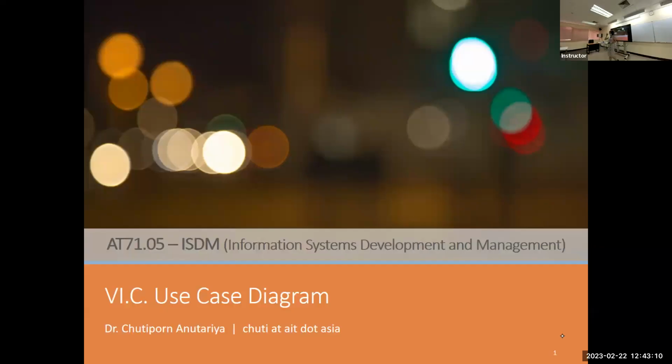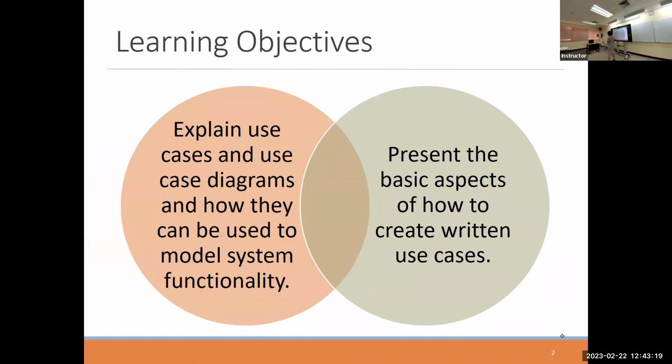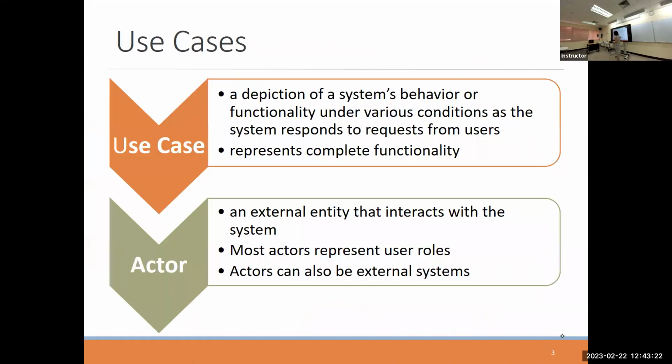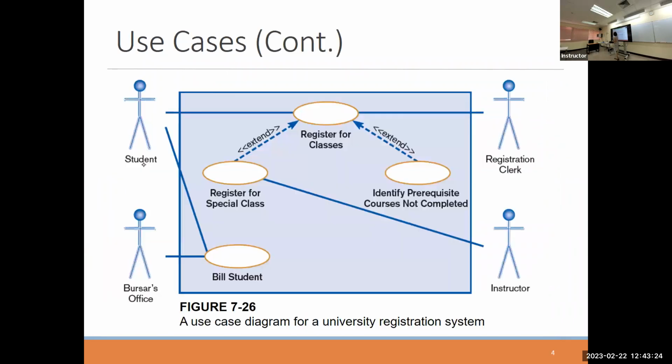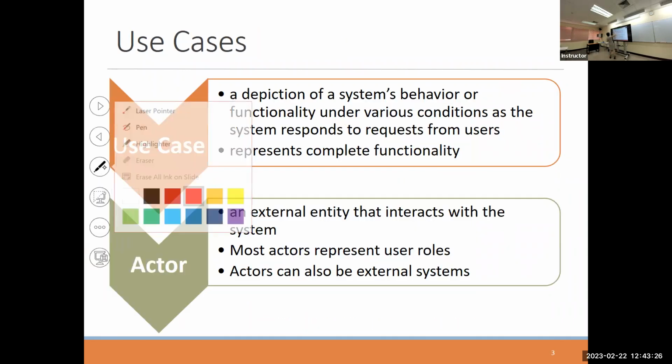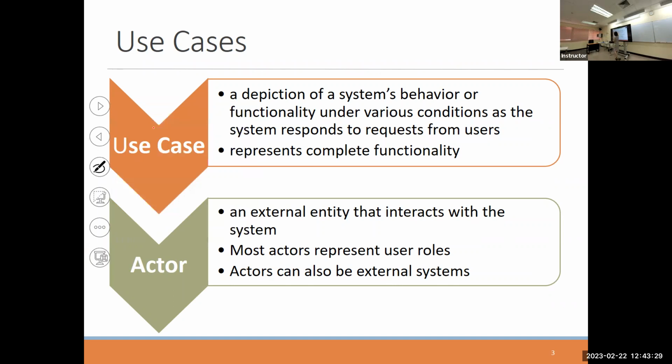So this is the last set of slides focusing on use case diagrams. Okay, still related to what we discussed, right? Remember, we already talked about this, that the concept of use case is used to identify, represent, depict system behavior or system functionality that a user would interact with.